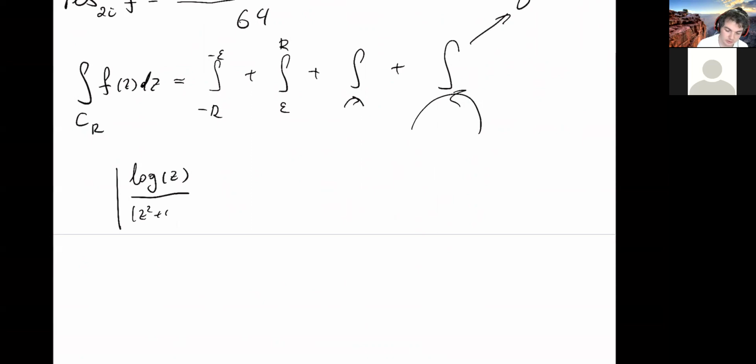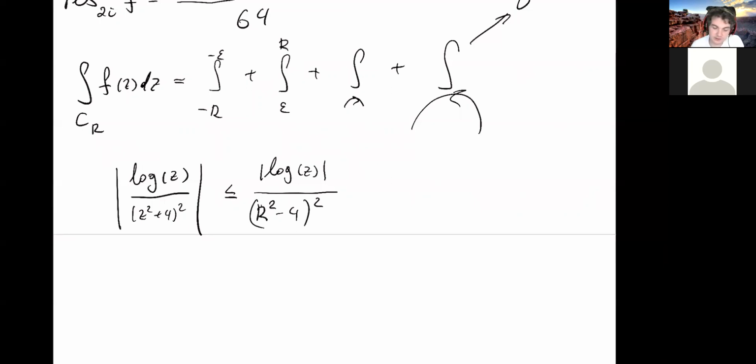Z squared plus 4 squared is less or equal than this. And we're proficient in the denominators. We can get this, for example. And the denominator will ultimately win because a power is always more powerful than the logarithm. This is what you know from calculus.